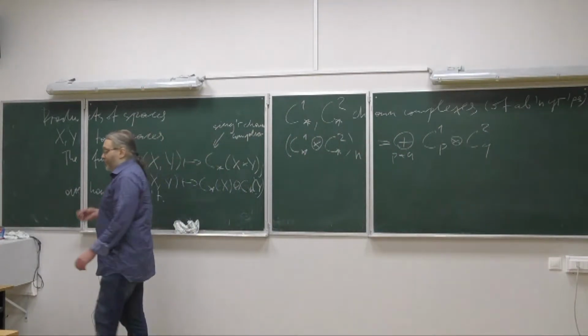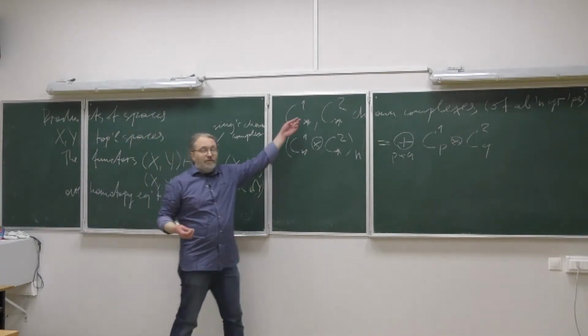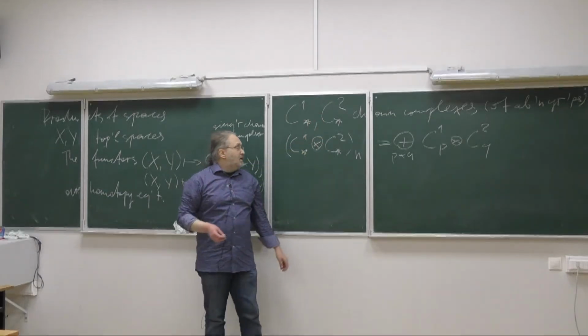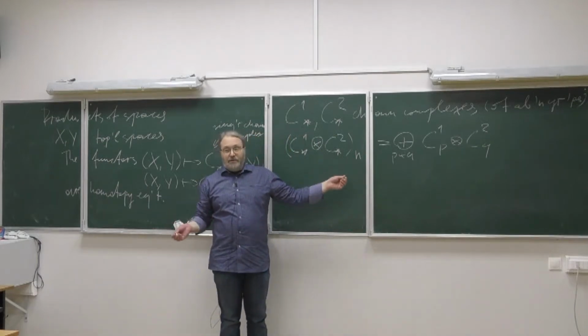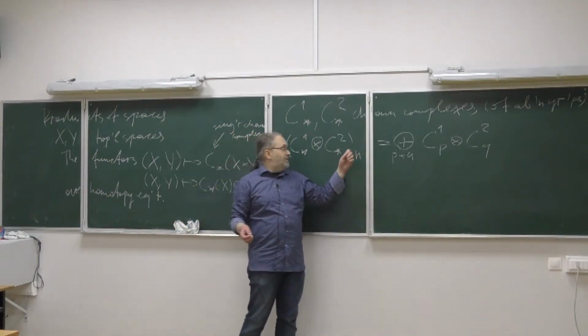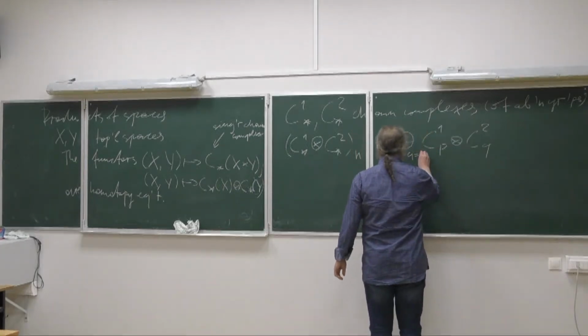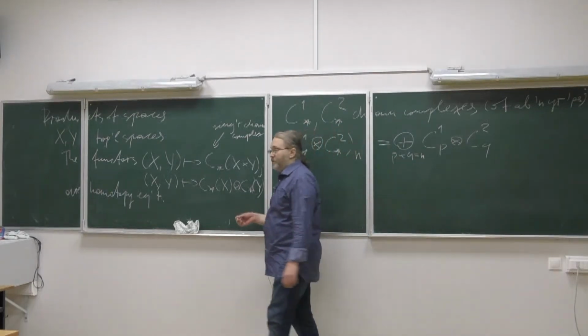review the tensor product. We start with two chain complexes of abelian groups. The tensor product is another chain complex, and the nth component is the sum of the tensor products for p plus q equal n.